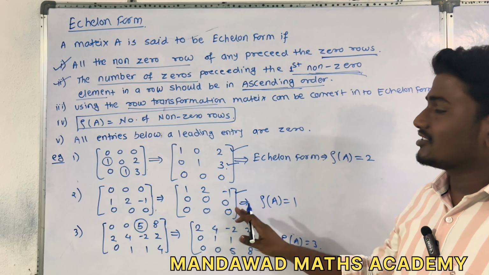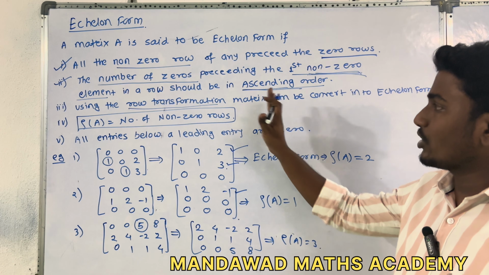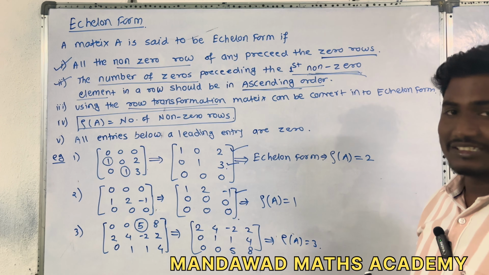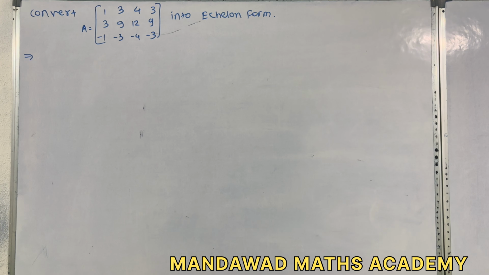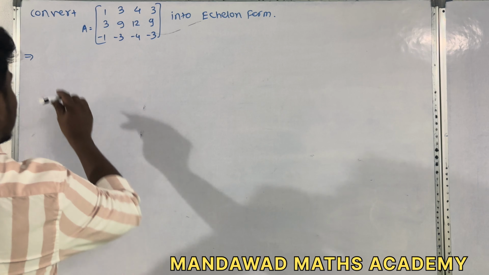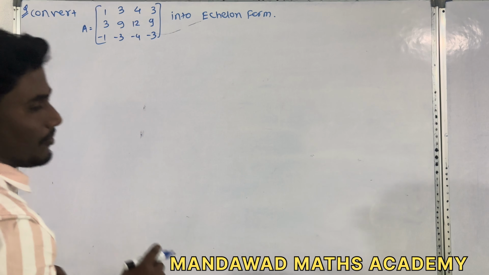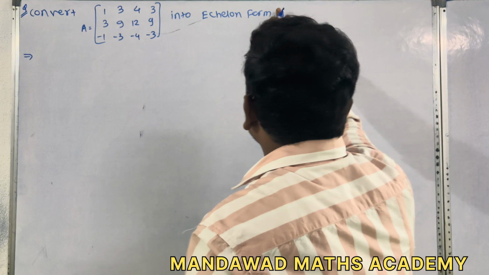Convert the given matrix into the echelon form by using row transformations. Okay, let us start the examples. First example: convert the given matrix into the echelon form and find the rank. What is the question?